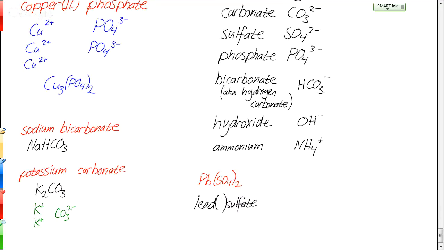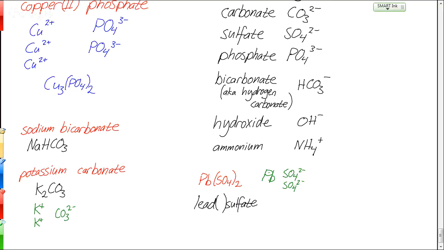It's not 2. Let's look at why that's not 2. It can really help to write out the ions. So according to this formula, we've got 2 SO4s and 1 lead.